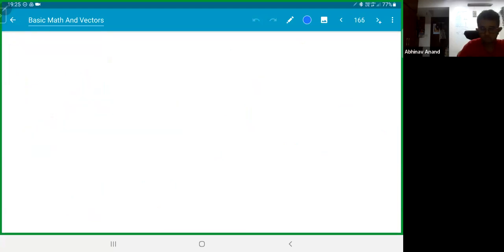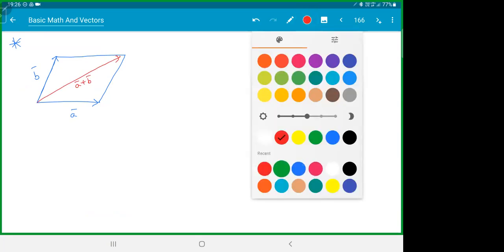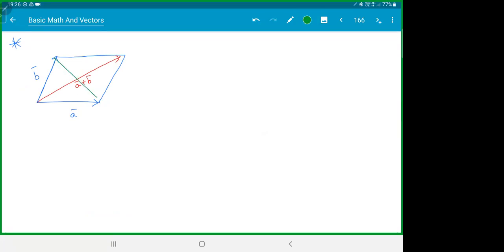Same way, if you have taken a parallelogram, let's say this is A bar, this is B bar. This will be A bar plus B bar, and this would be B bar minus A bar.